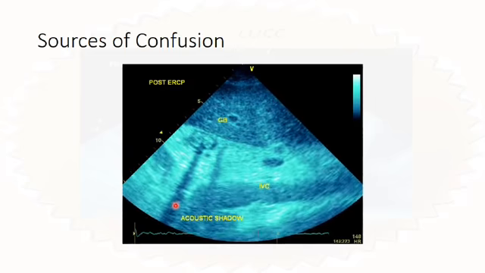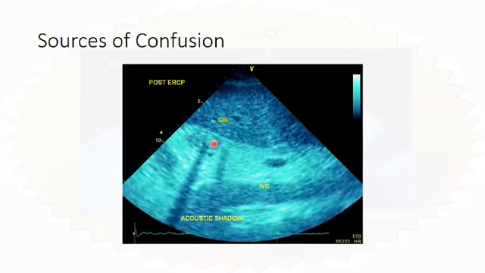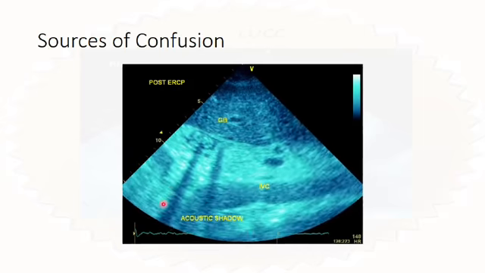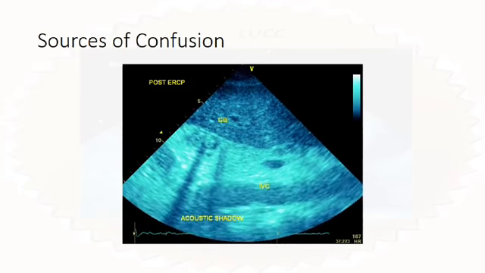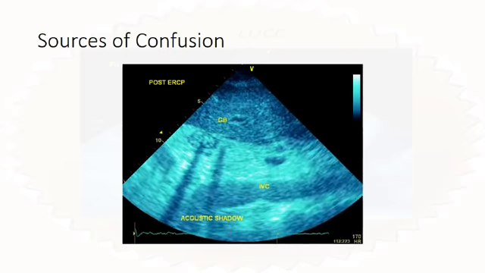Whereas you would expect the acoustic shadowing from a stone to come from the entire width of the stone, and this entire area must have a shadow. So this is actually a very commonly made mistake, which is mistaking the duodenum or the loop of bowel for a gallbladder stone.